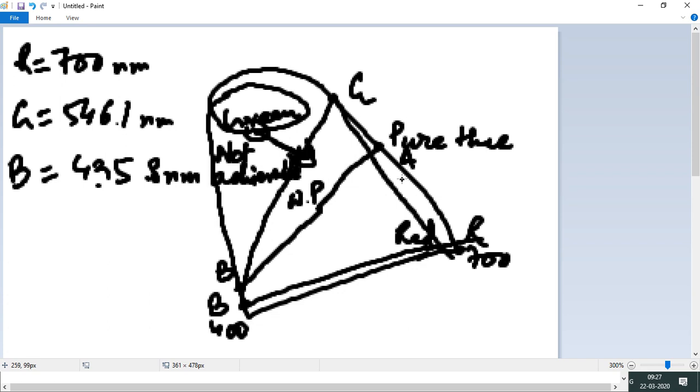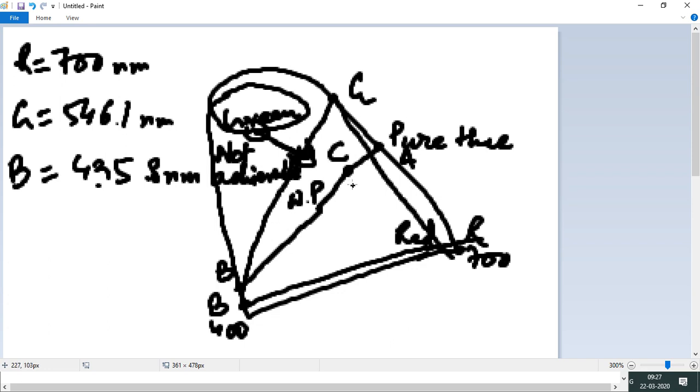Okay. Also, as I told you, all points lying along the perimeter of the spectral locus are colors of pure hue, right? And as we move inward towards the white point, they lose their saturation. So let us say this point is A of pure hue, and there we have a point, let us call it C. Now if I ask you, with respect to A, what is the purity of C?